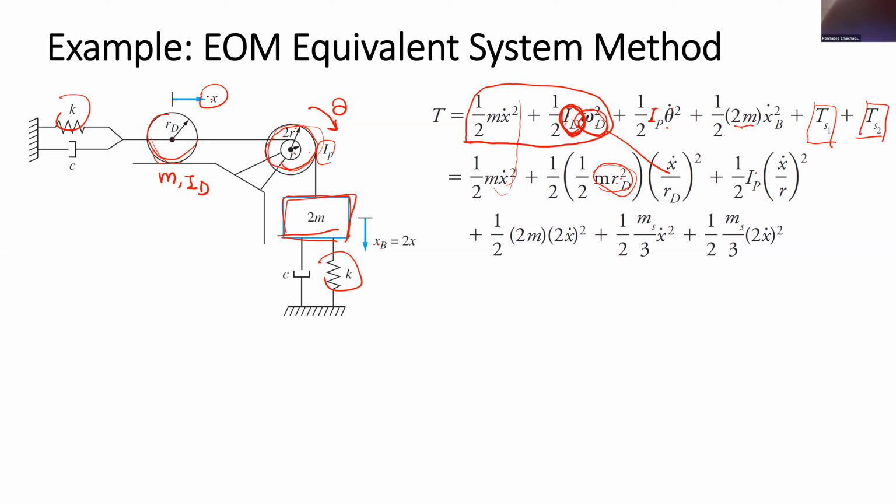The theta is related to the x by the radius r. Theta is equal to x divided by r. So theta dot is x dot divided by r. This one. For the mass 2m, the velocity is xb dot. Xb dot is 2x dot. So it's this one.